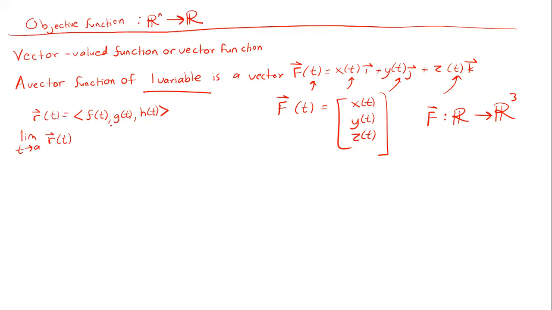This is just going back to that weird multivariable calculus notation that to me looks really strange because it looks like an inner product, but I'm just using this one because this was what was in the Stewart book that I was looking at. This is the limit as t goes to a of f of t, the limit as t goes to a of g of t, and the limit as t goes to a of h of t, if each of the limits exists.